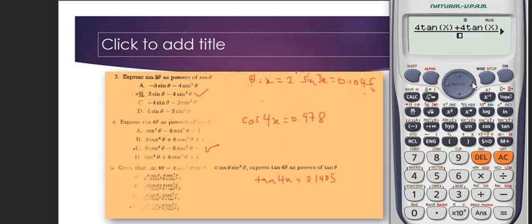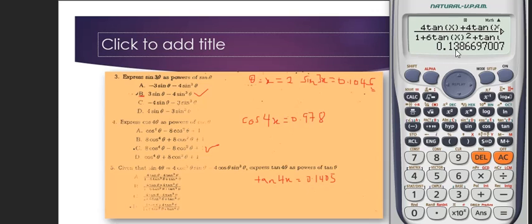I think so, divided by 1 plus 6 tan x squared plus tan x squared. Okay, so we are choosing D. Okay, so this D we are computing for D, so let's choose our value for x. So for the tan x, we chose our x value to be 2. Okay, so let's choose 2. Right, so you could notice that it corresponds to this value.